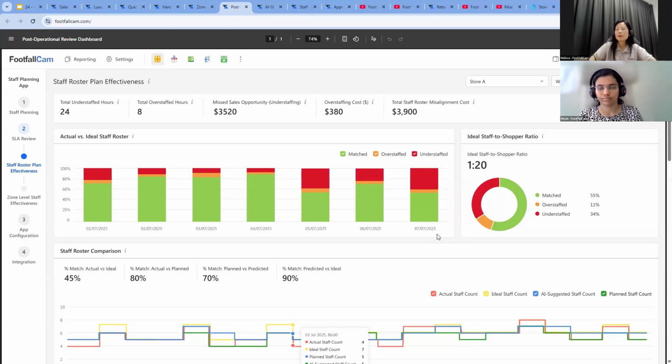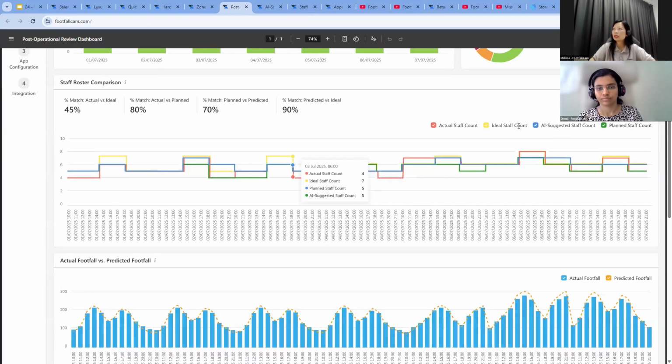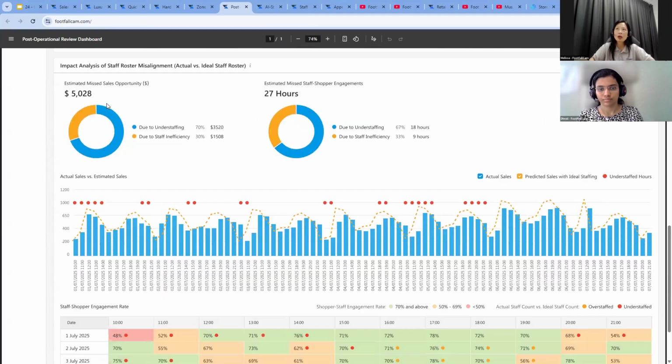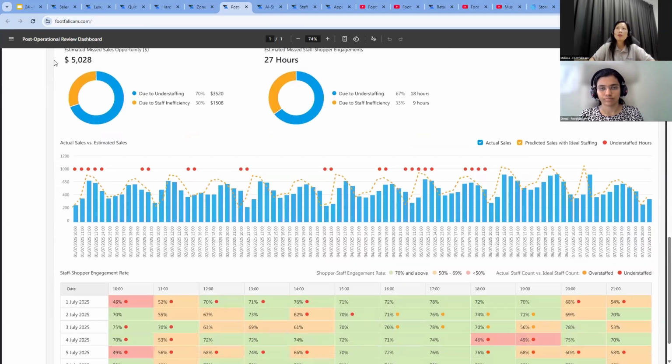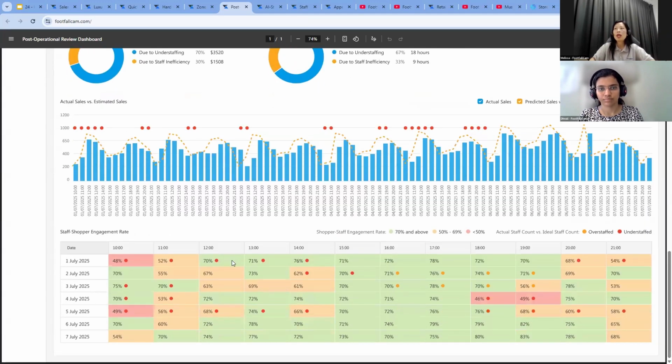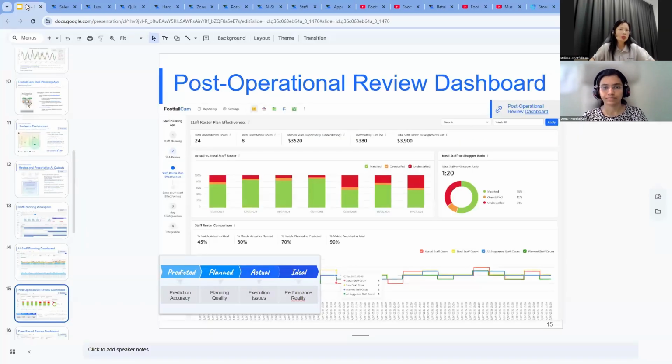So we identify the gaps and we ask why. For example, if that's your ideal staff count, you can see where you have the biggest gap, how many hours you missed, how many sales you missed, and when that gap happened between your ideal and your actual staff number. Sometimes you couldn't follow the AI guidance completely due to constraints: staff availability, labor law, shift conflicts.